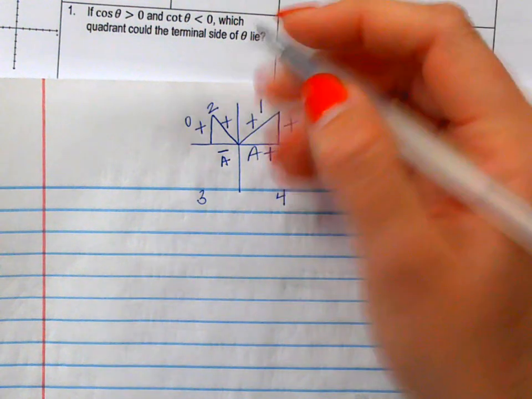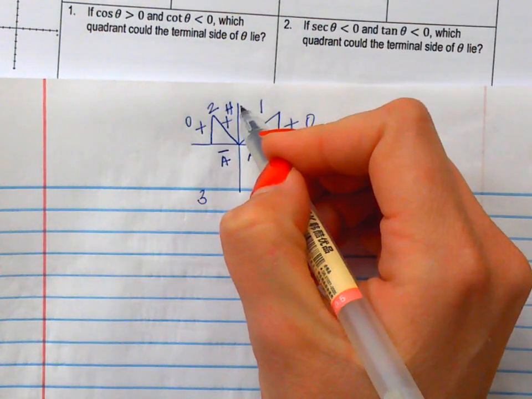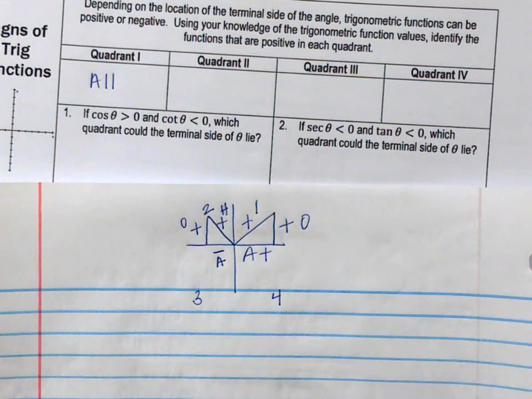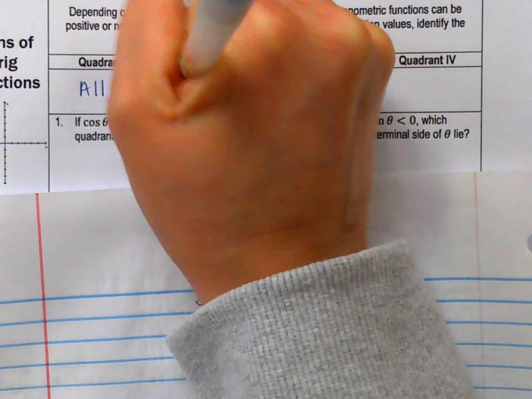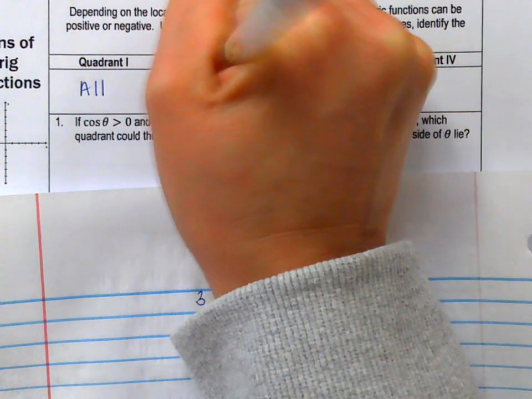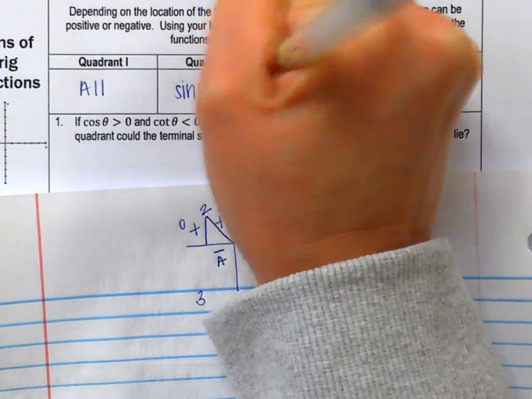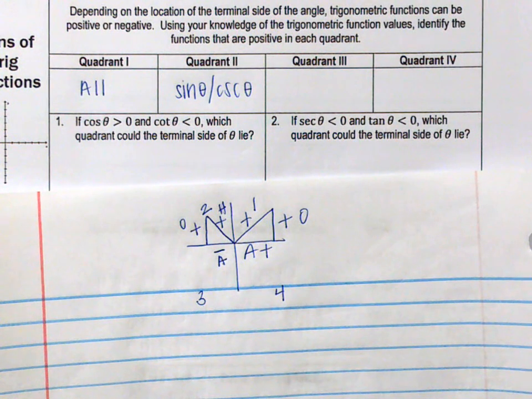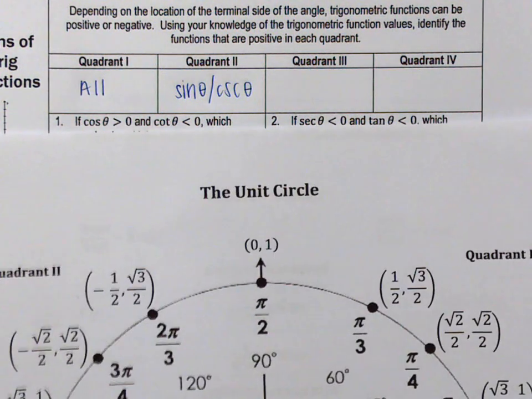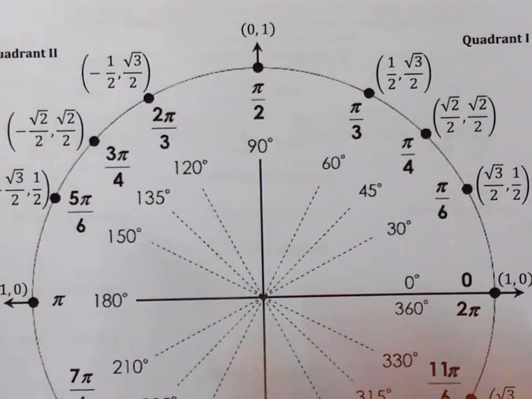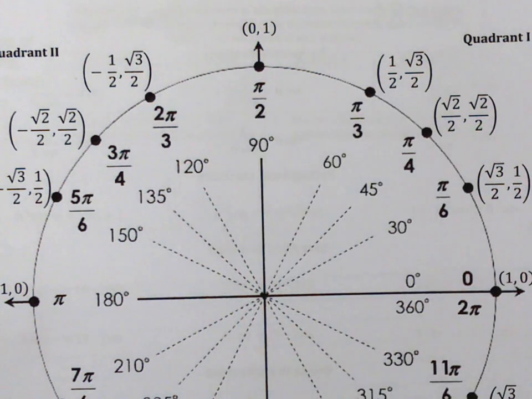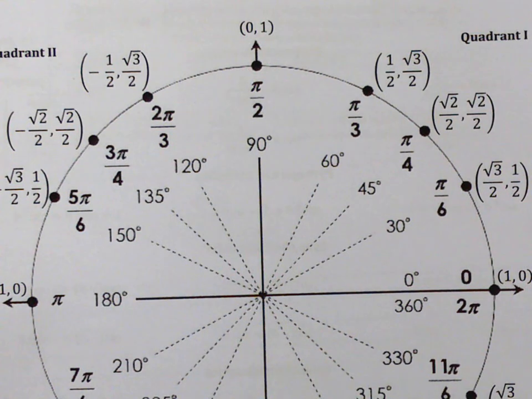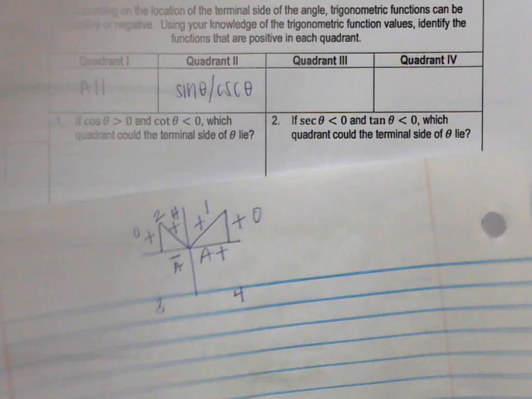The only thing that would be positive is anything that just uses the O and the H, which in this case is sine, and then its reciprocal, cosecant. So in quadrant 2, sine theta is positive, and so is cosecant theta. And again, that checks out if we look at our unit circle. The y values are positive, and my y value is representative of sine in this case when we're looking at the unit circle.